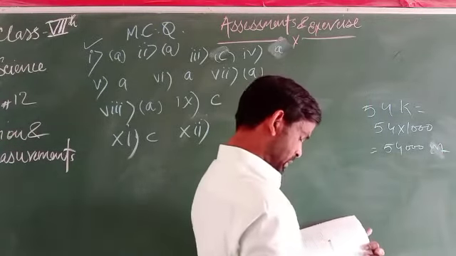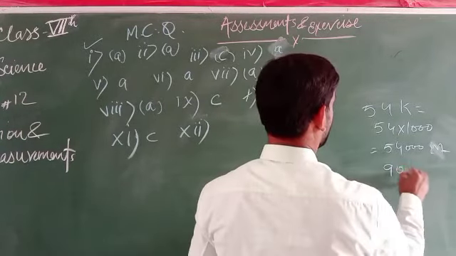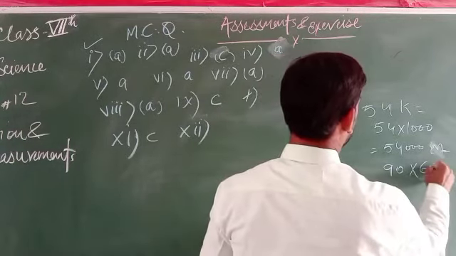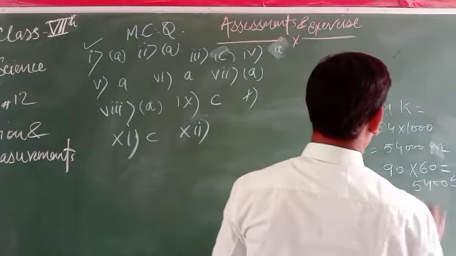And the time is 90 minutes, 90 into 60 is equal to 5400 seconds.